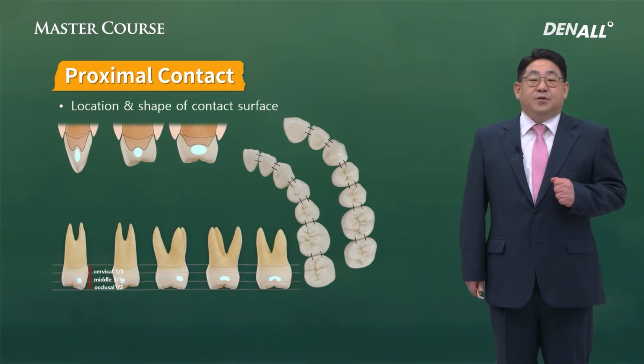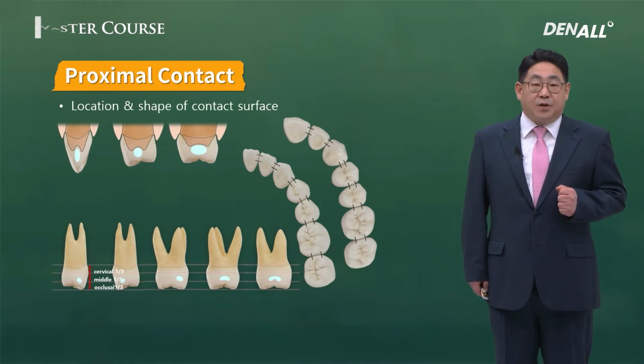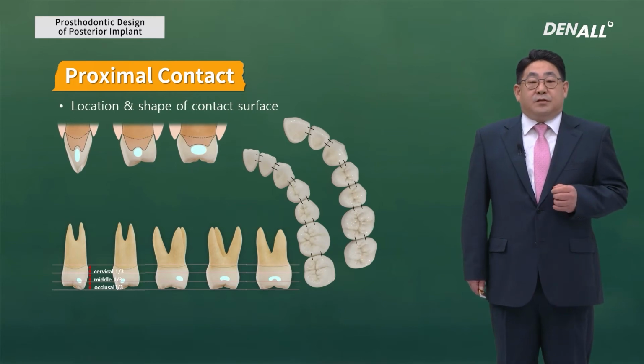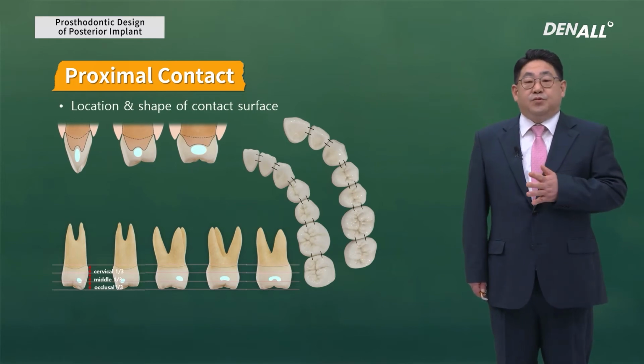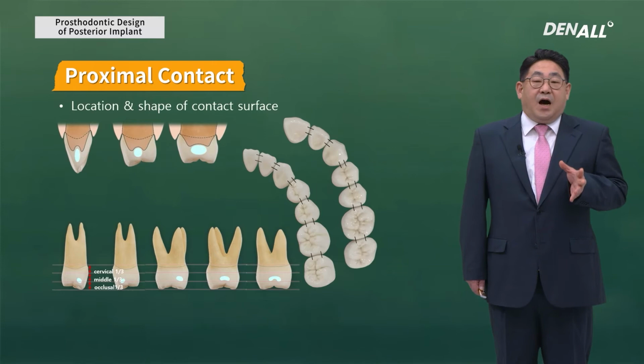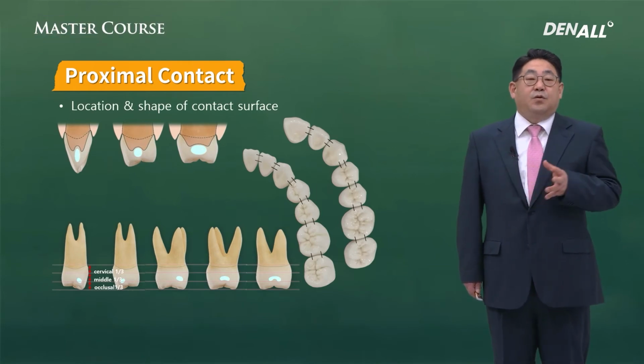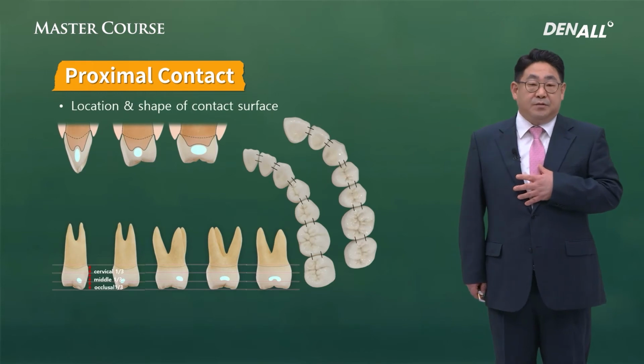Next, I'm going to talk about proximal contact. I'm going to talk about the forms that we know morphologically. The form of proximal contact from anterior area to posterior area, it becomes longer to more buccolingually long.